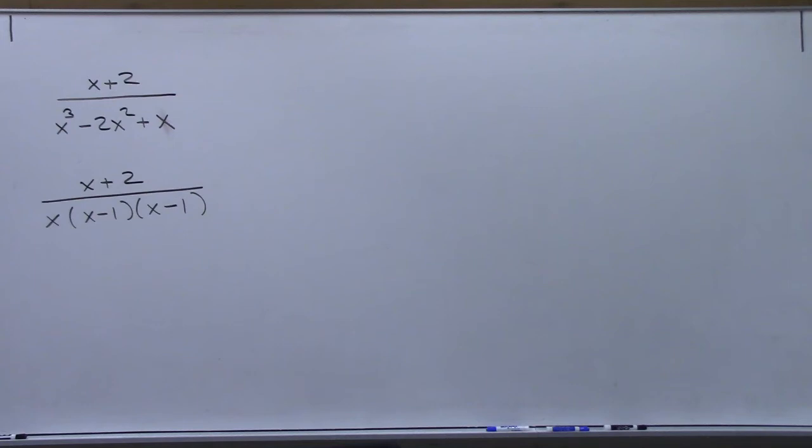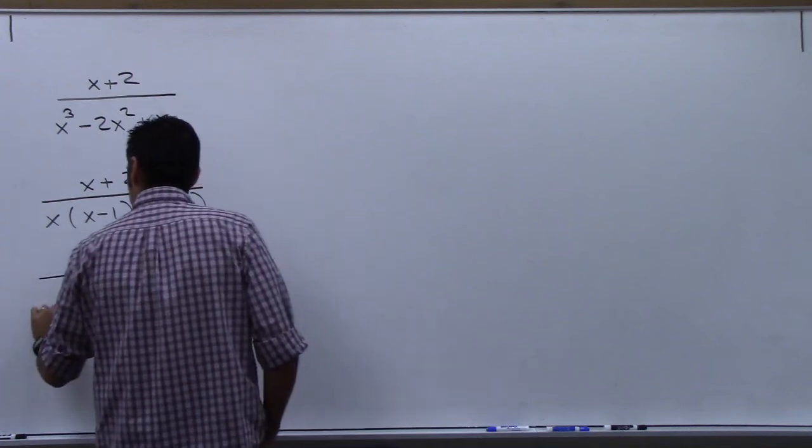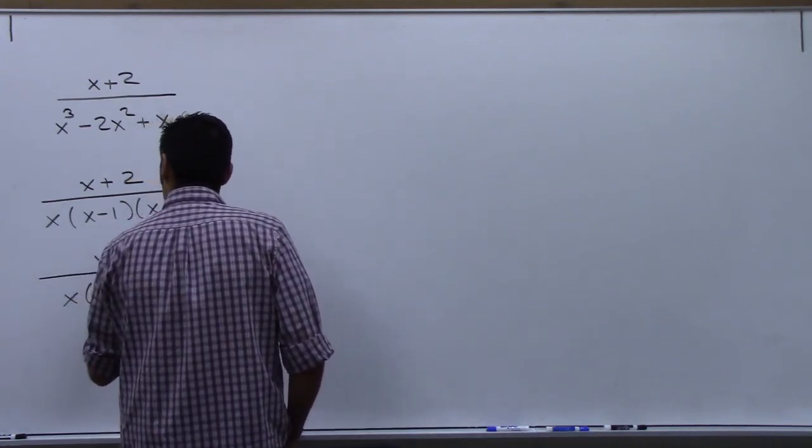So then that's just x minus 1 squared. Then we're back to the first problem, which is x plus 2 over x times x minus 1 squared.